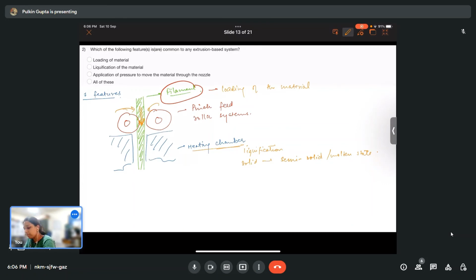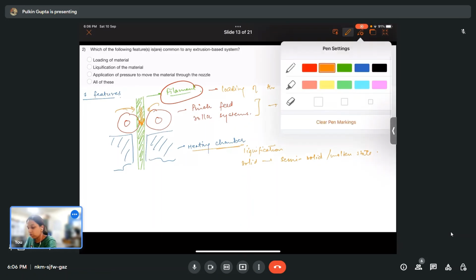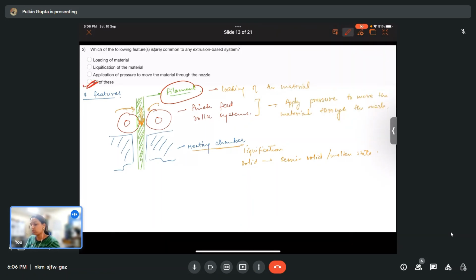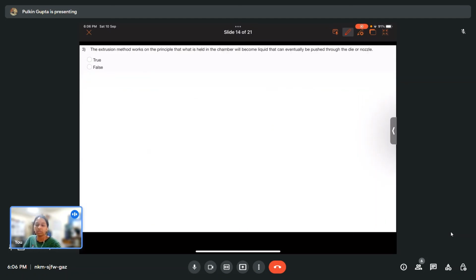So they apply pressure; their function is to apply pressure to move the material through the nozzle. So all the given options are features of a common extrusion based system. Now moving on to question 3. In case you have any doubts in any of the questions, you can just stop me in the middle.